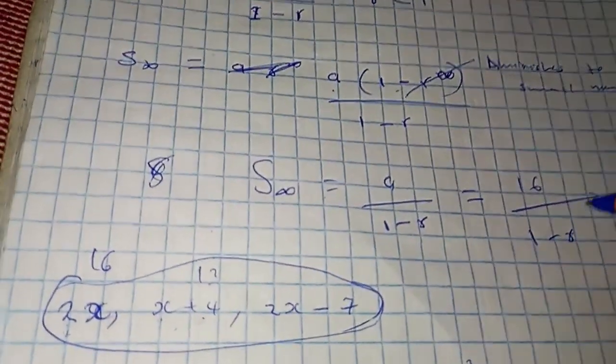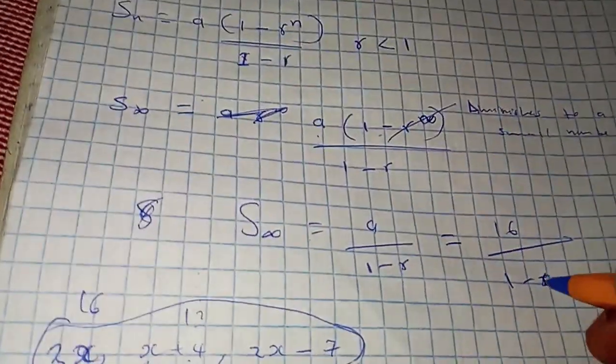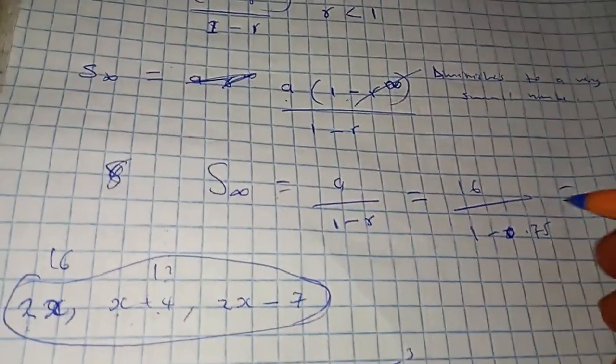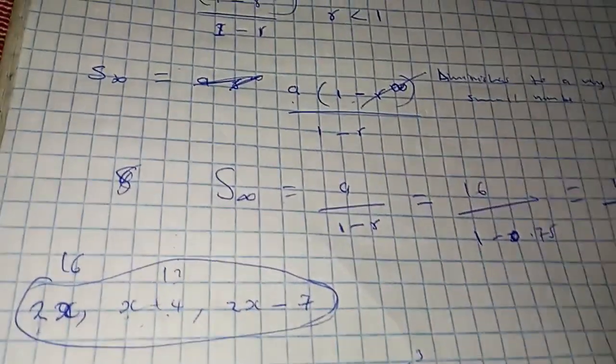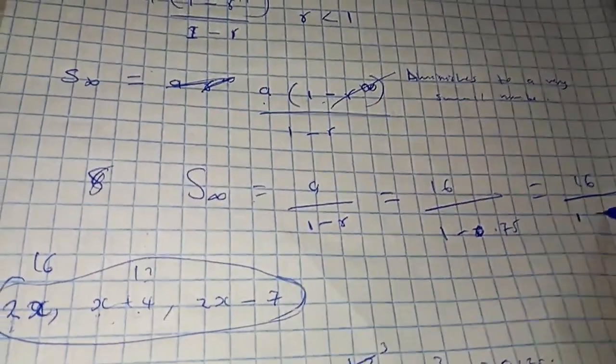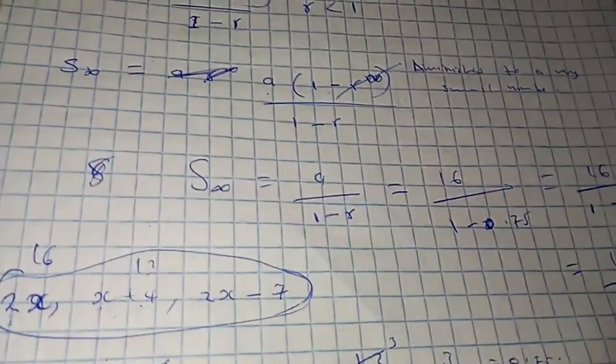So replace r with 0.75 and you have 16 over 1 minus 0.75. This will be 16 divided by 0.25.